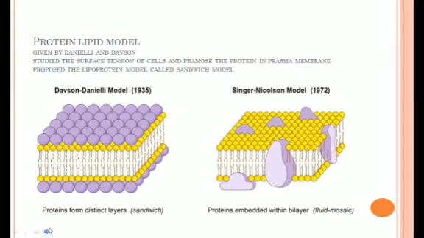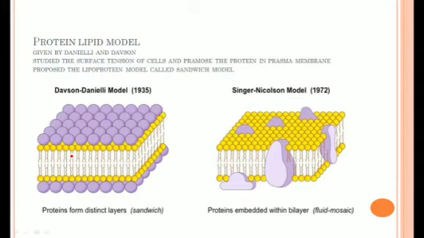If we move further, we compare two models: the first is the Davson and Danielli model from 1935, and the very recent model accepted by many scientists, the Singer and Nicolson model, proposed in 1972. You can see the difference between the two models.